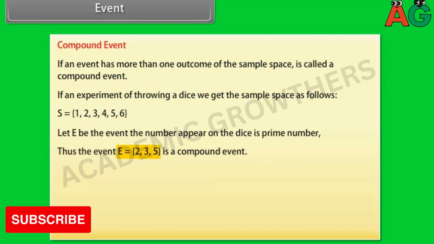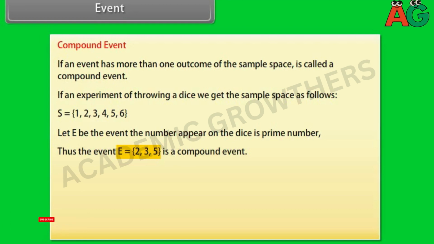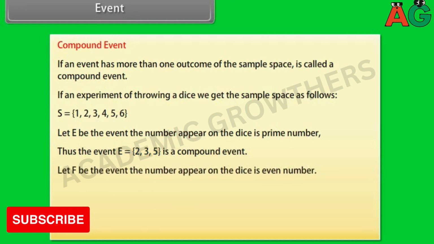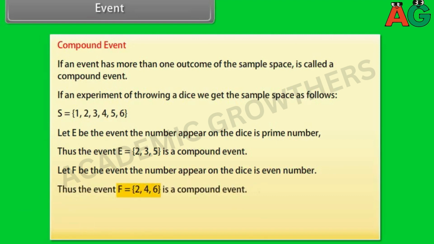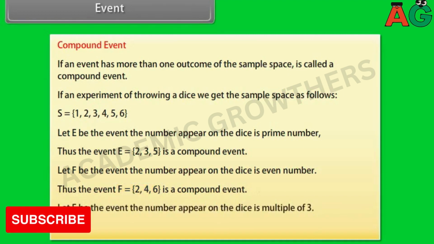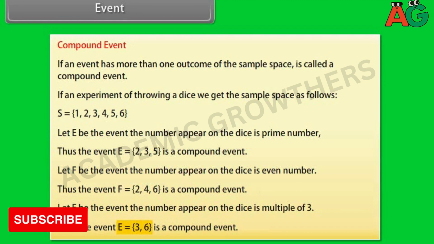Thus, the event E = {2, 3, 5}. It is a compound event. Let F be the event that the number is an even number. Thus, the event F = {2, 4, 6} is a compound event. Let E be the event that the number is a multiple of 3. Thus, the event E = {3, 6} is a compound event.